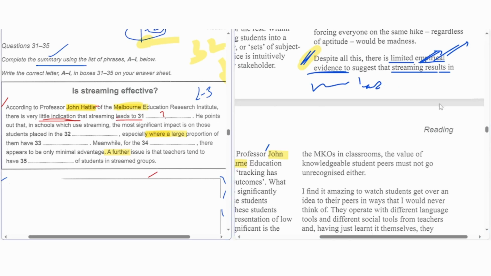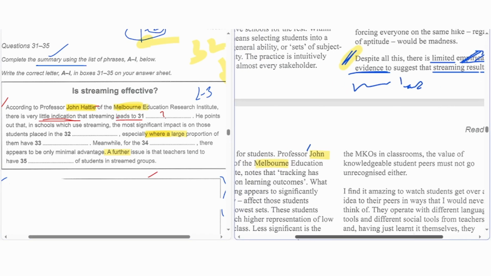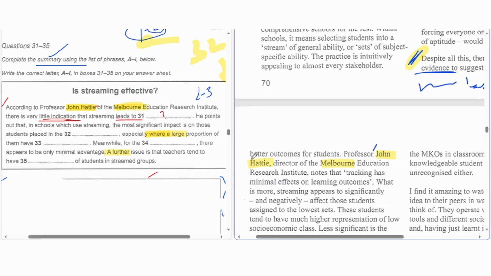Same thing. So leads to means results in. Results in better outcomes. Better outcomes for the students, right? Our answer here will be better outcomes. So what we are going to do, instead of looking into the options, you will try to find out the answer and try to put it here.